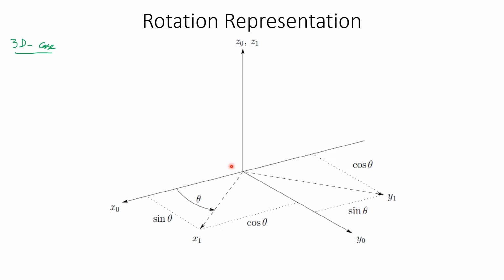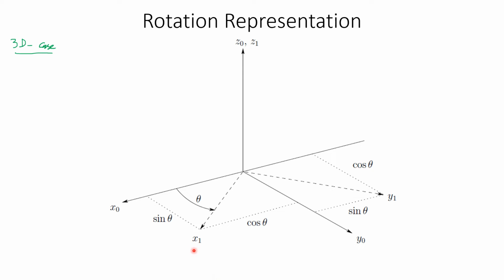In this case, to start with, we have the 0th frame. And now you can see the three axes, x0, y0, and z0 axis. You can now say that you have another axis which is rotated about z0, and that would look something like this.